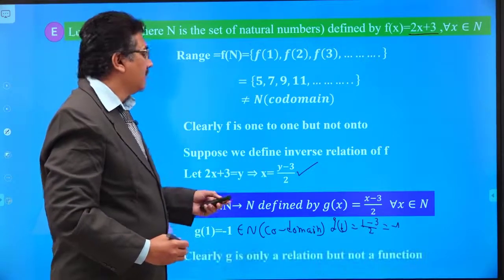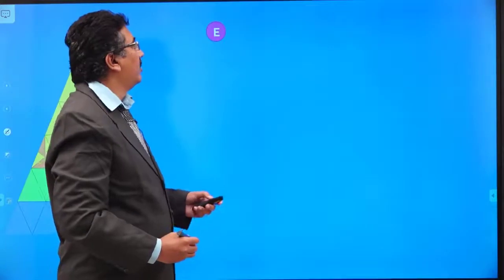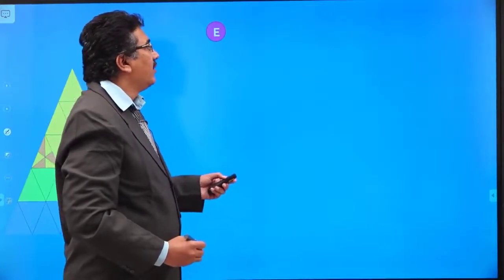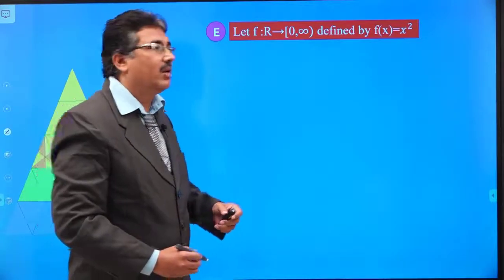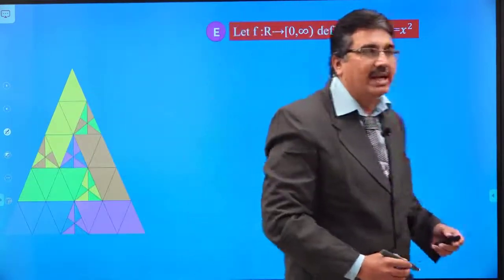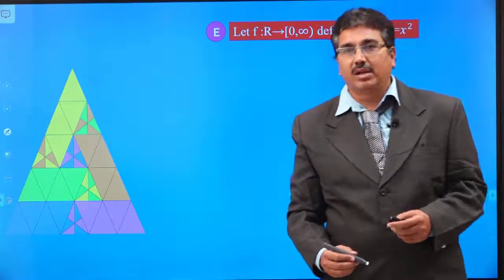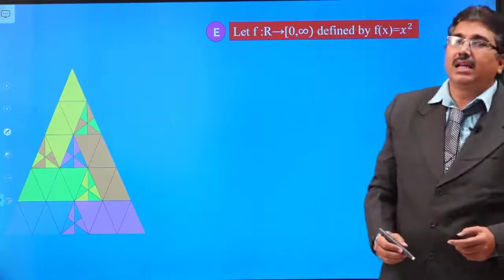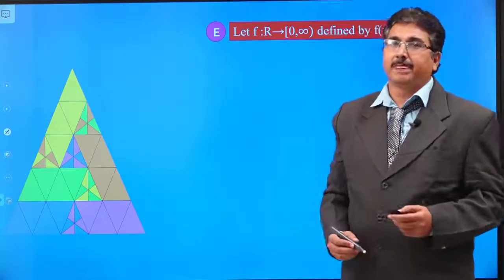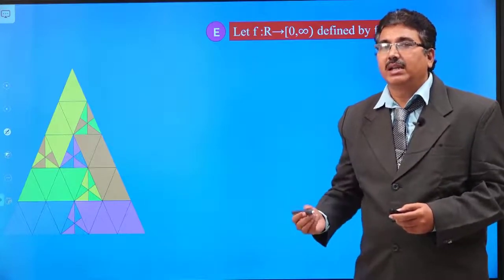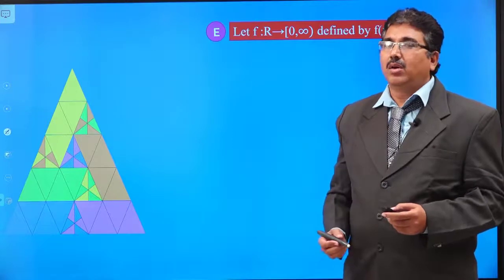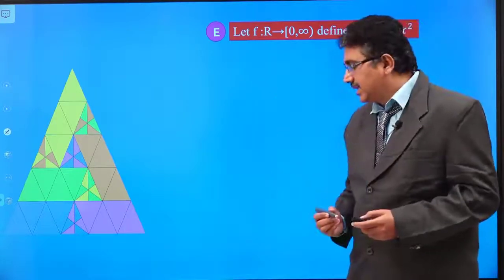Now see another example. Let f mapping from R to the closed interval 0 comma infinity defined by f of x equal to x square. Clearly, this is a function. Now, is this function 1-1 and onto? Verify.